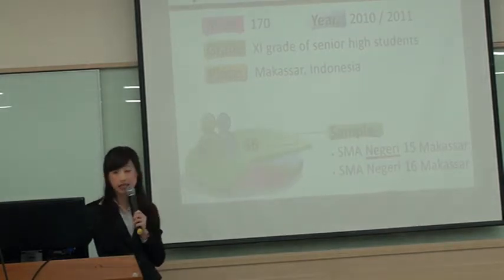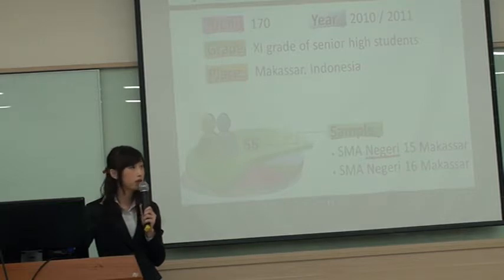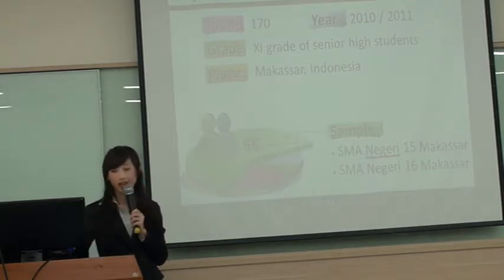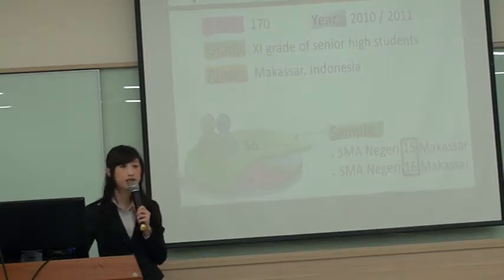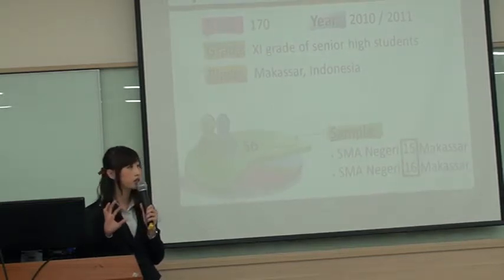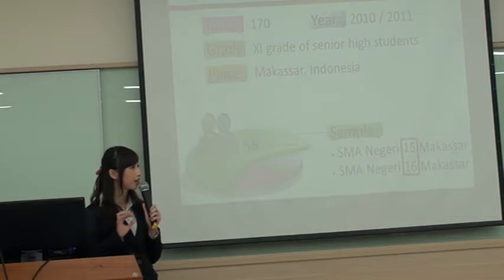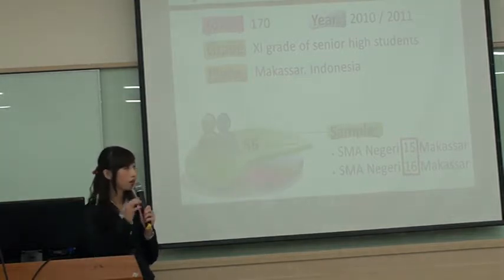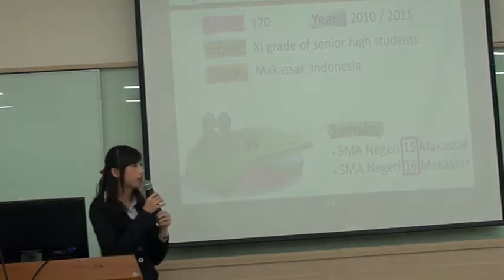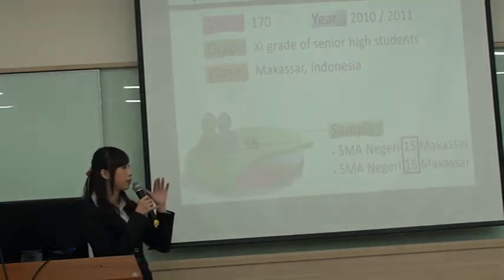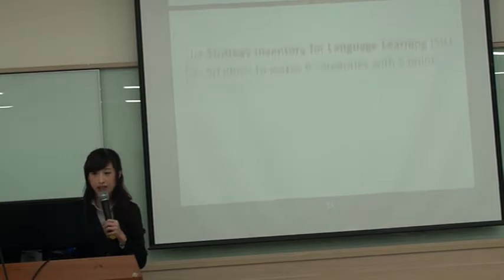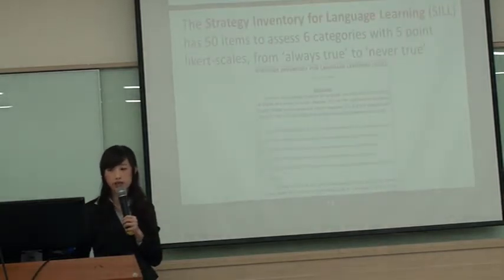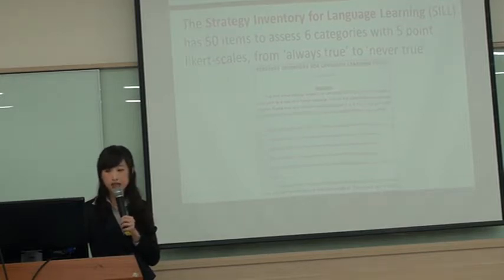And Makassar is a place. And as for 15 and 16, that means different students' learning ability. So that's a label. So which one is bigger? 16 is bigger. The larger number means higher level.